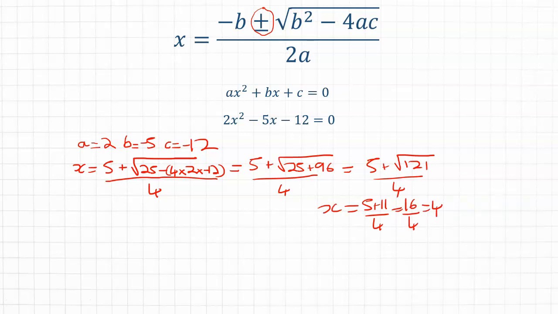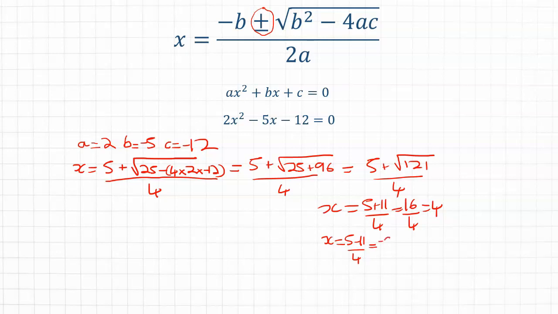Now let's look at the second version of the equation, minus b minus the square root of b squared minus 4ac, the whole thing over 2a. The only difference between this and the previous calculation is that instead of 5 plus 11 over 4, we have 5 minus 11 over 4.